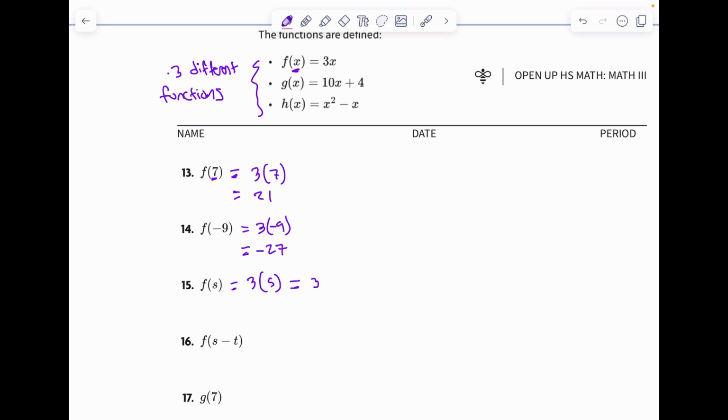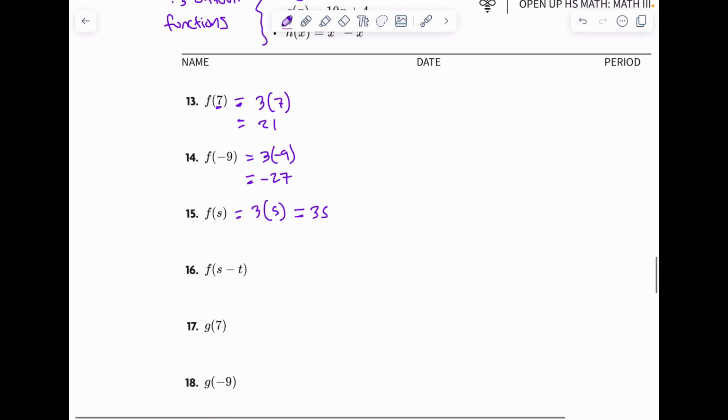That's it. That is it. 3s. Very good. I'll make this more clear. My 3's are horrible and my s's are horrible, so I apologize. 3s. Great.